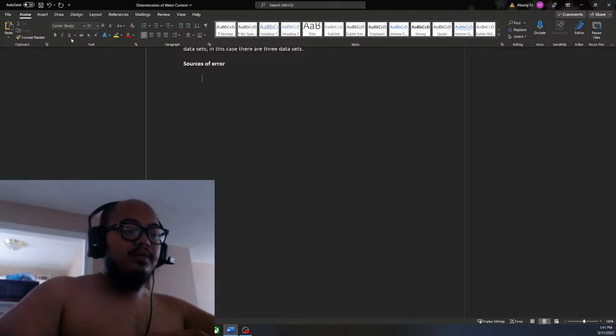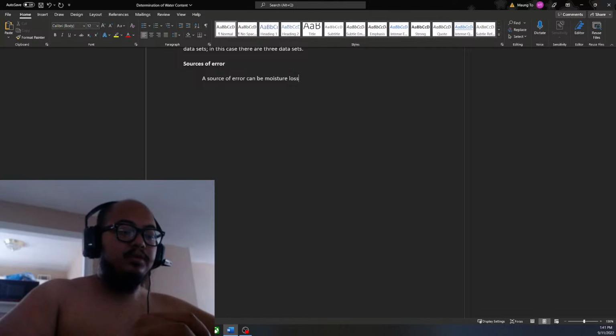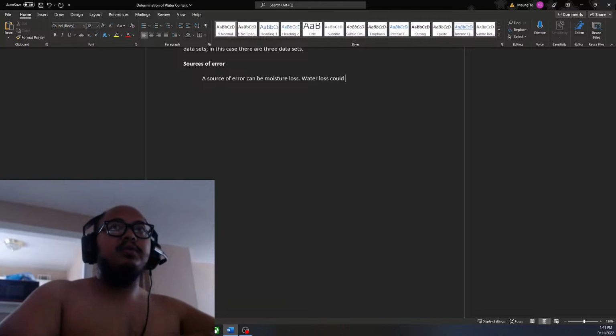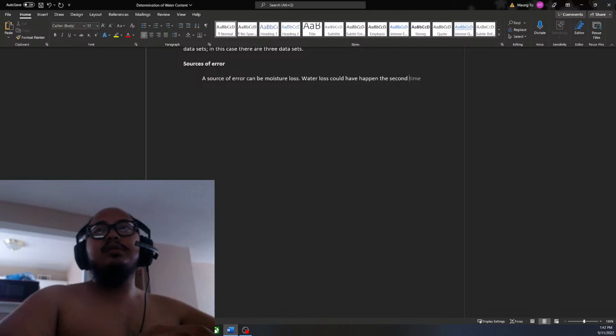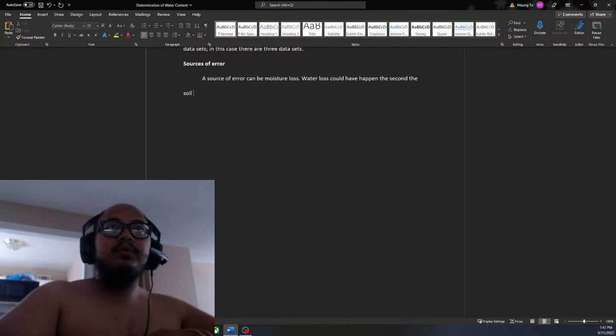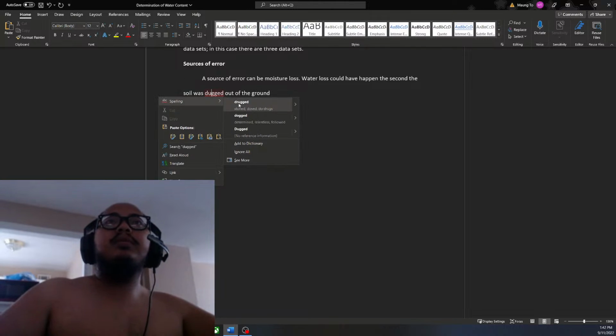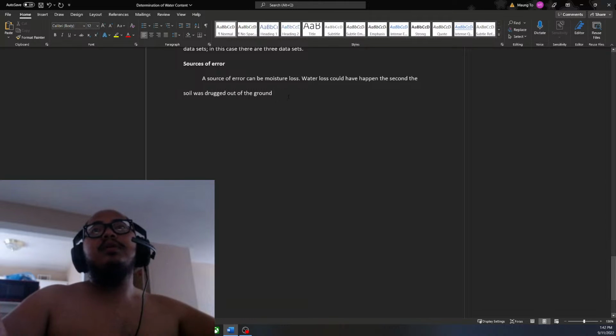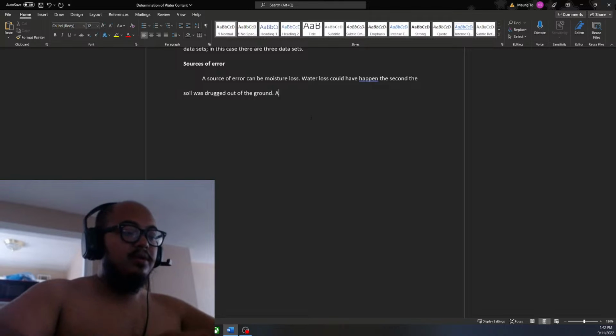The number one source of error can be moisture loss. The second the soil was dug out of the ground, what else could have happened?